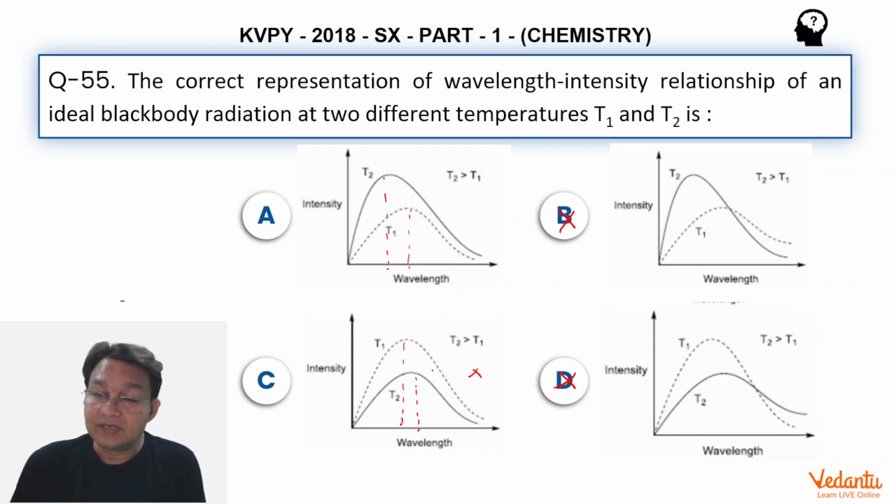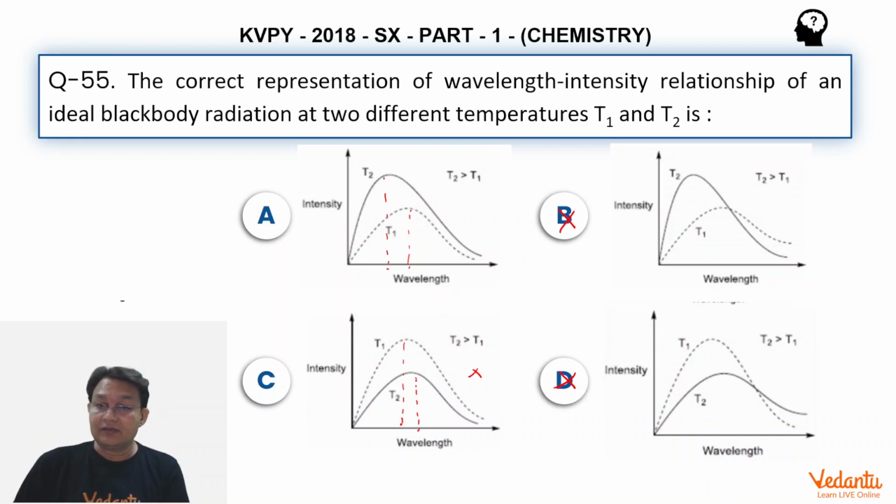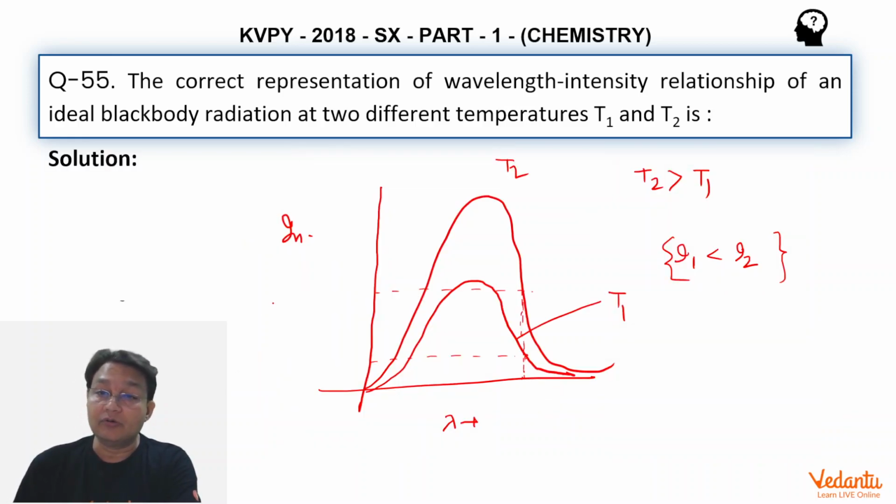Common sense says that more heat at high temperature, more radiation will come out. So option C is also discarded. Only option A is the correct option. So very simple question. Let me discuss something more about this.